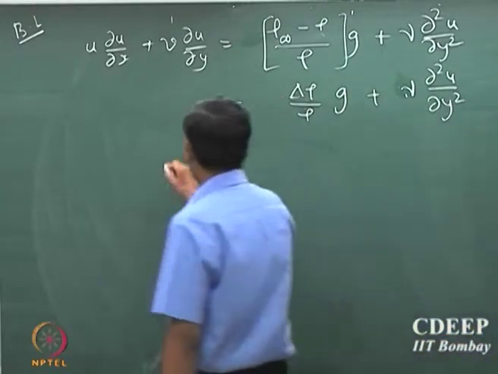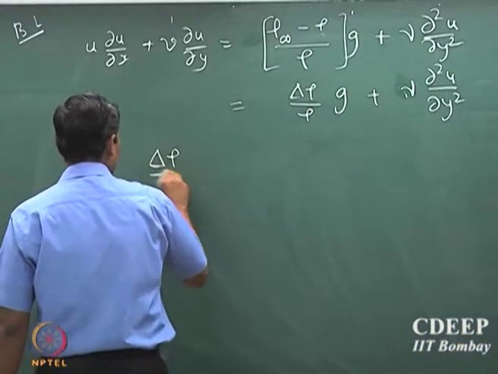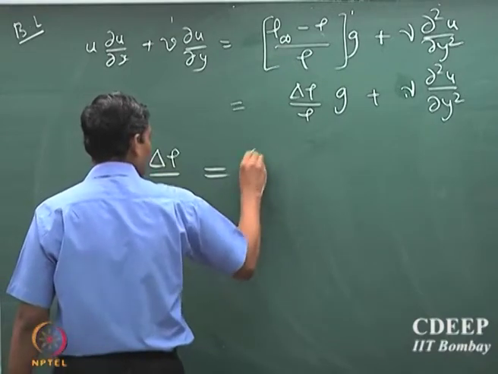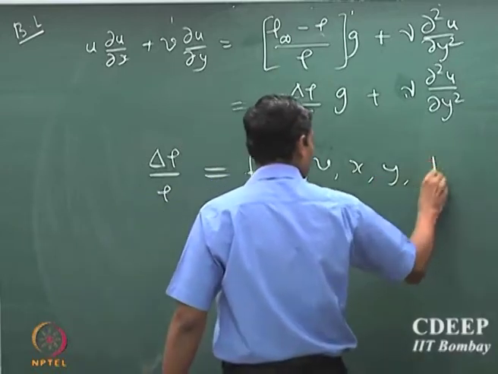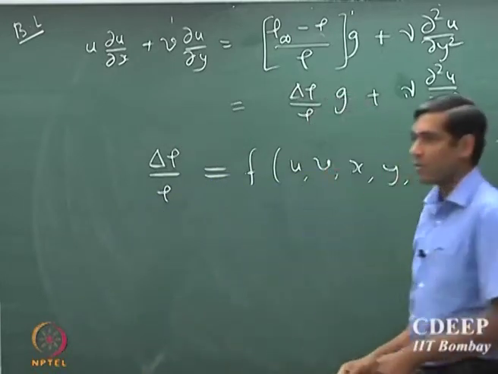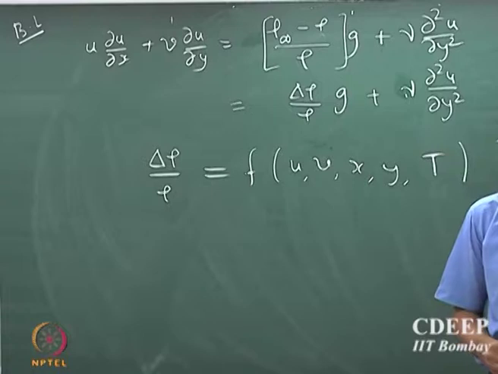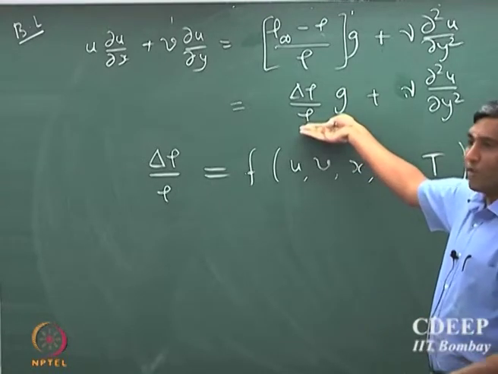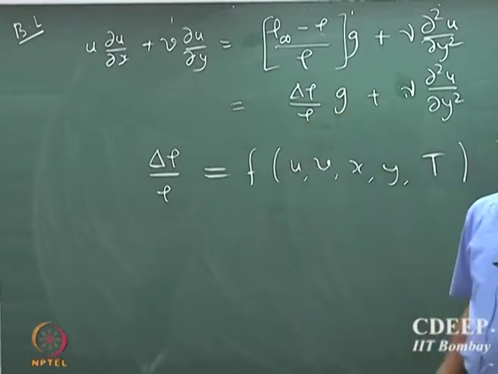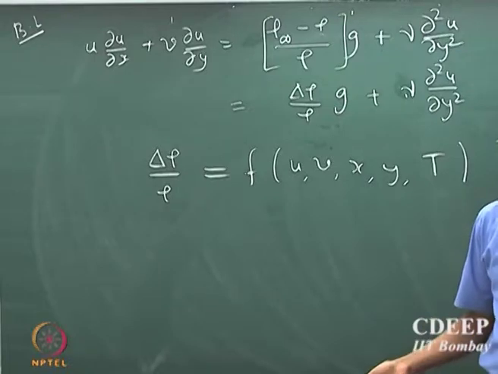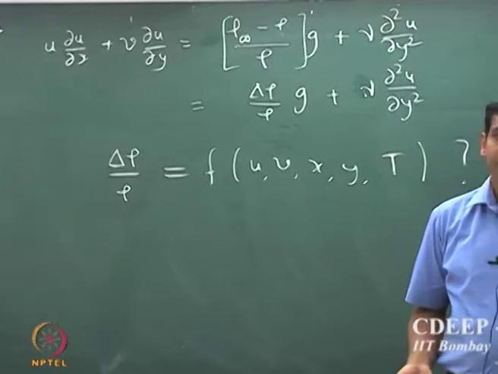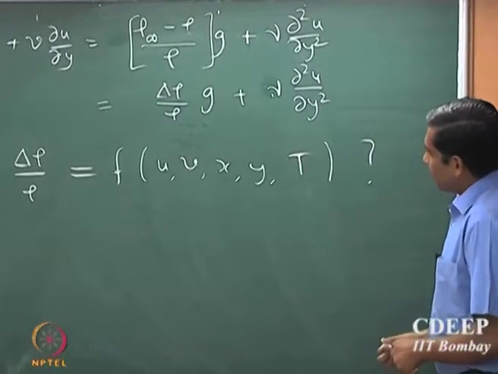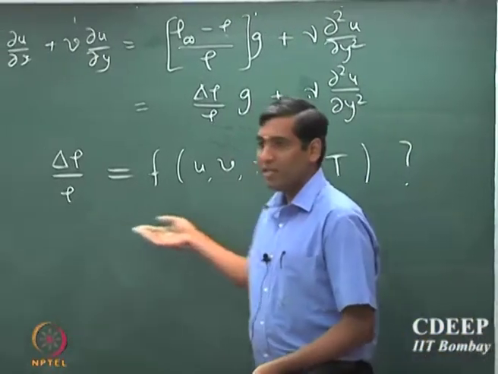So what is the relationship between delta rho by rho and u, v, x, y, temperature, etc.? That is the new body force term that we did not see so far in all the convection topics, that you start seeing in natural convection. Any thoughts on how do we find this?